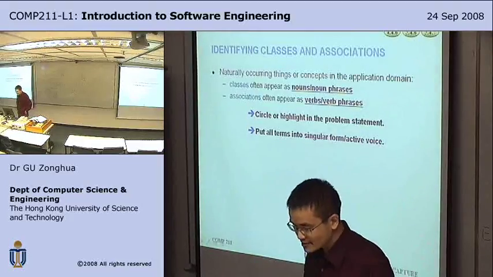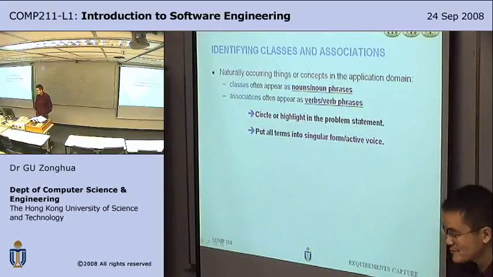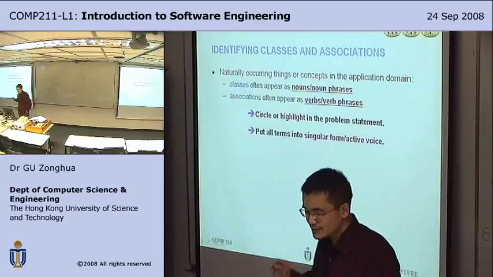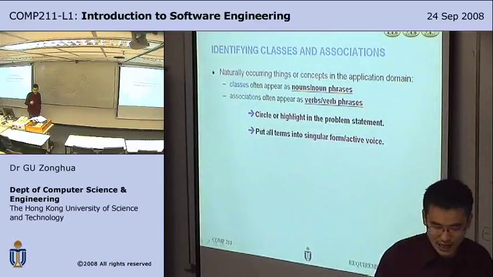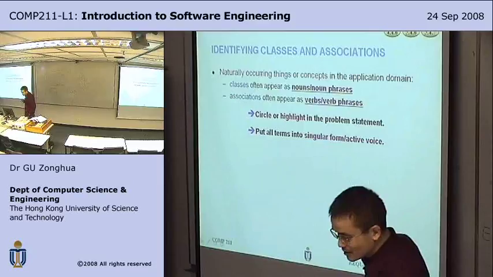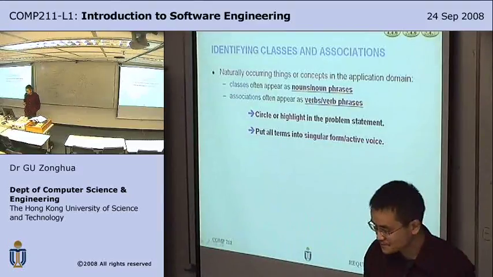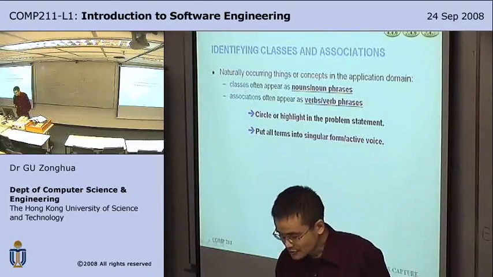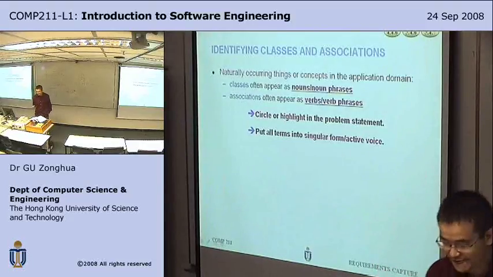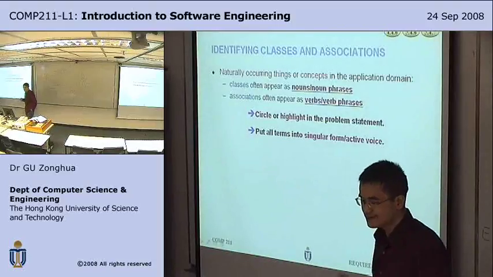Naturally occurring things or concepts in the application domain. So classes often appear as nouns or noun phrases. A noun phrase is a collection of words around a noun. So a good student is a noun phrase, for example. Associations appear as verbs or verb phrases. And you circle or highlight in the problem statement these nouns and verbs, and you put all terms into singular form and active voice.